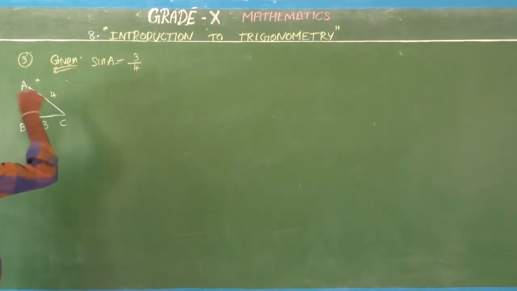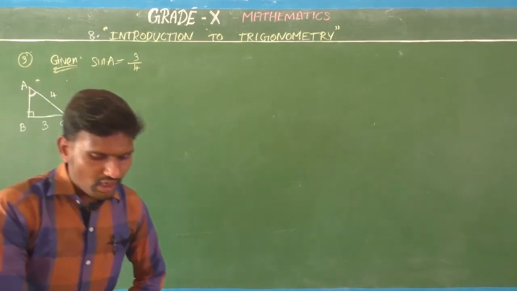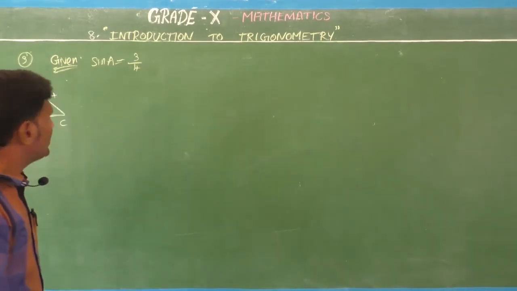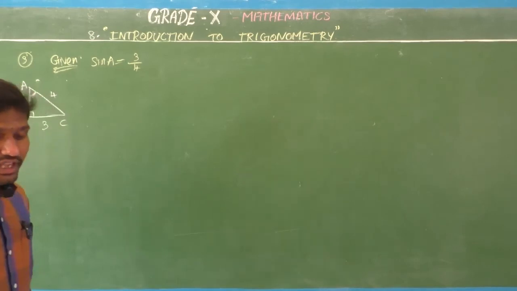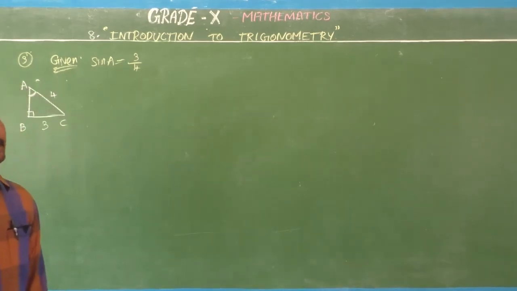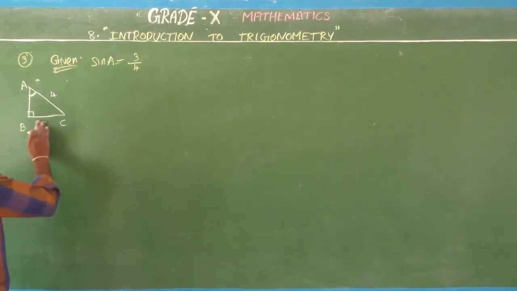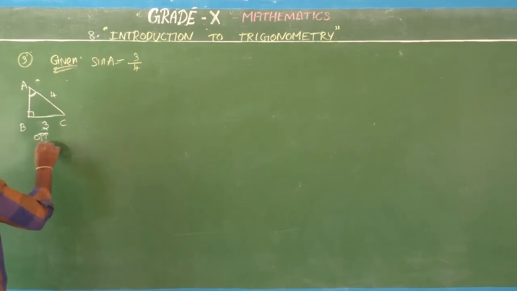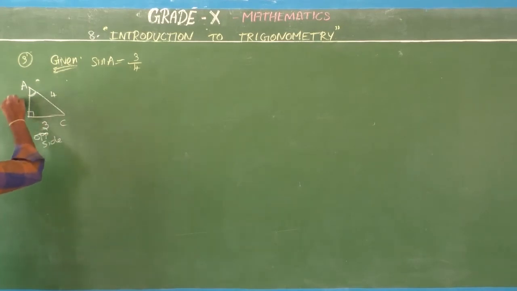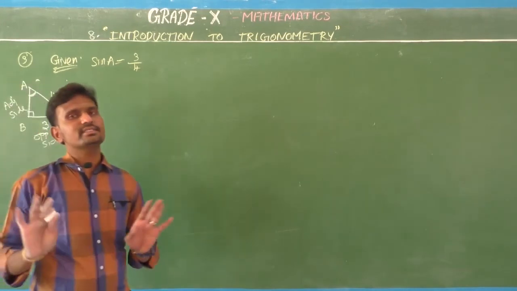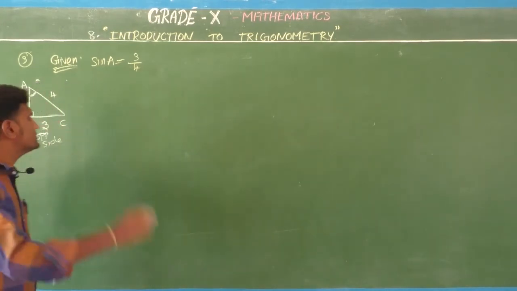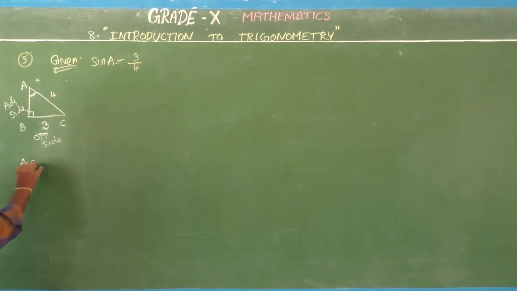So 3 by 4. Now what is the question asking? Sin A is given as 3 by 4. We need to find cos A and tan A. Here 3 is the opposite side and we need the adjacent side. First we find the adjacent side using the Pythagoras theorem.